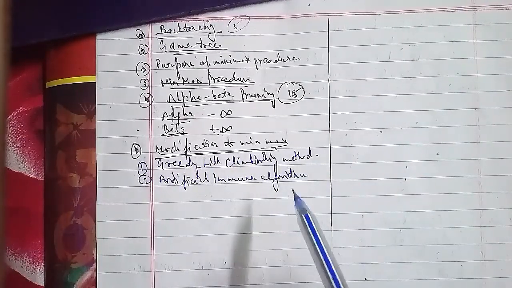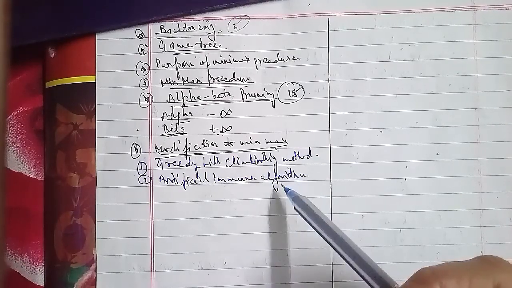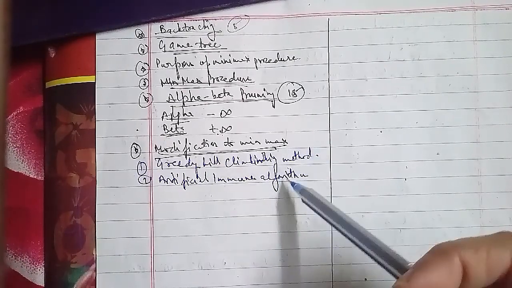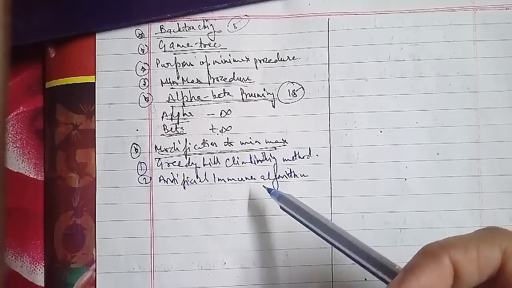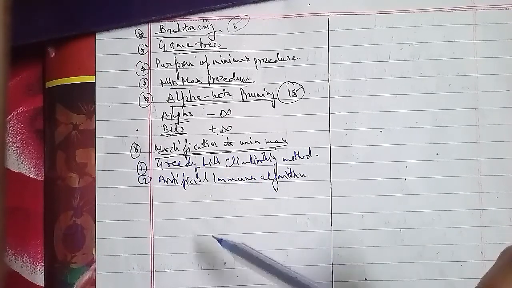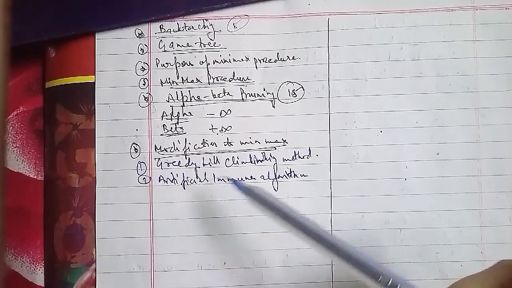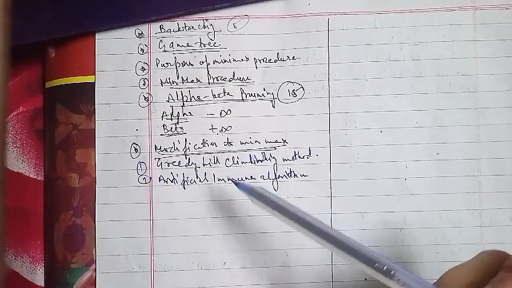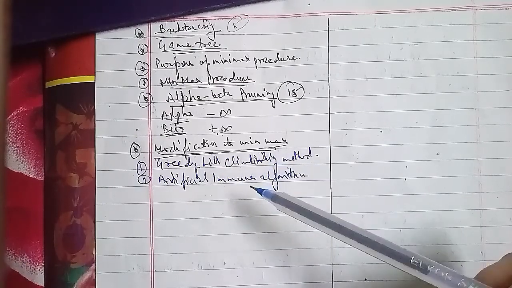Explain the minimax algorithm with an example, which we had done. How the branch and bound technique can be used to find the shortest path solution in the traveling salesman problem, which we had done. And what is a production system, and in the same regard, explain the various types of production systems that we have already discussed. So these were the important questions that have been asked in your examination.